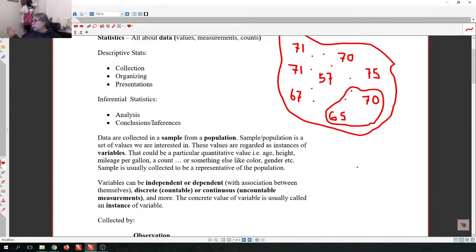It could be something else, a shoe size of a random 18-year-old male in the United States, or a mileage per gallon of a random four-door sedan that is currently on the road in the United States. So as you see, it could be a rather long description, but that description is what we call a variable.